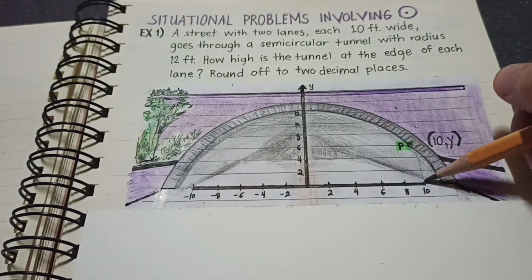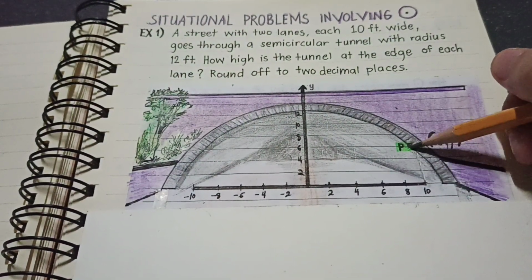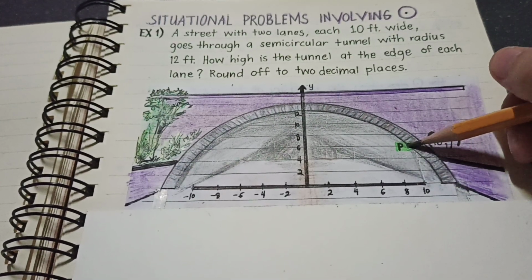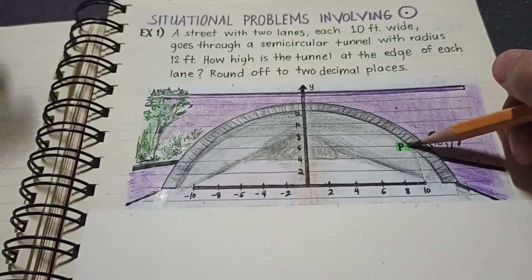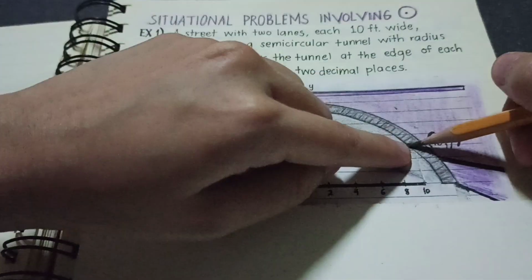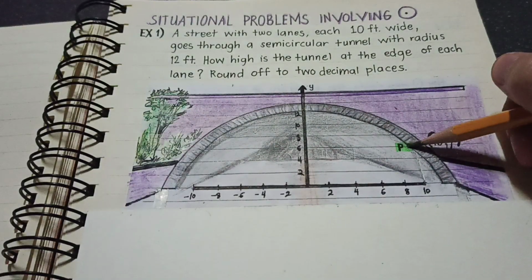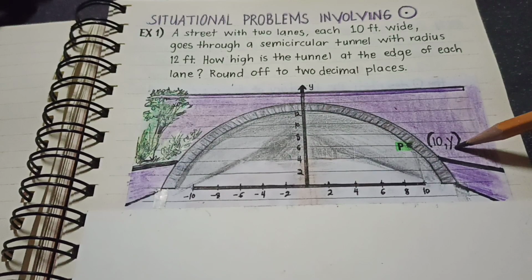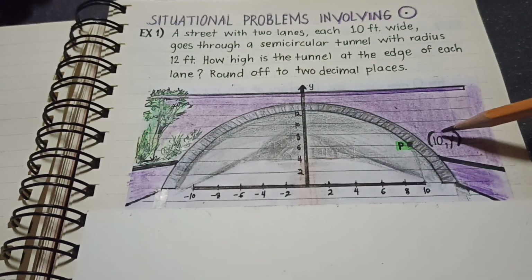Going back here, drawing an invisible line here means I will touch a certain point of a circle. Remember that any point on a circle or on a Cartesian plane is equivalent to a pair of coordinates, which is this one.